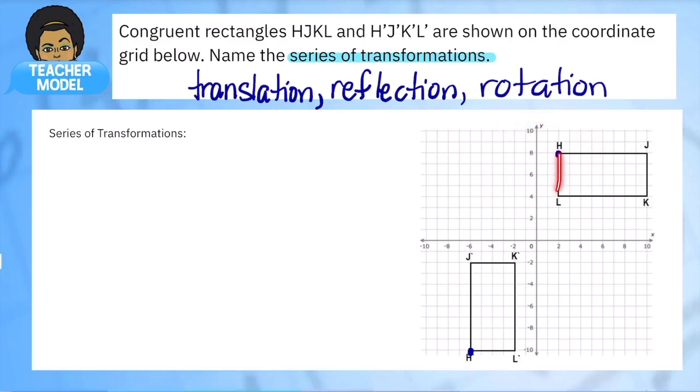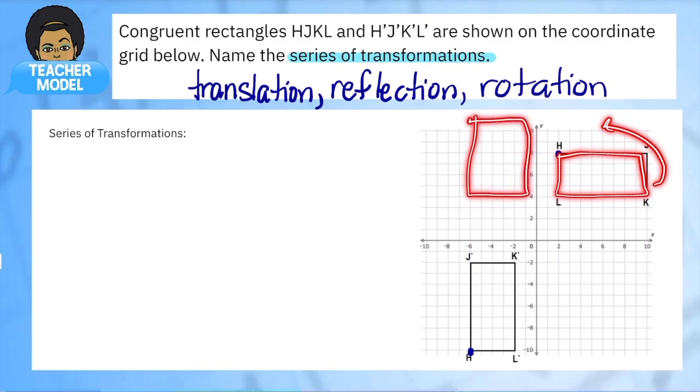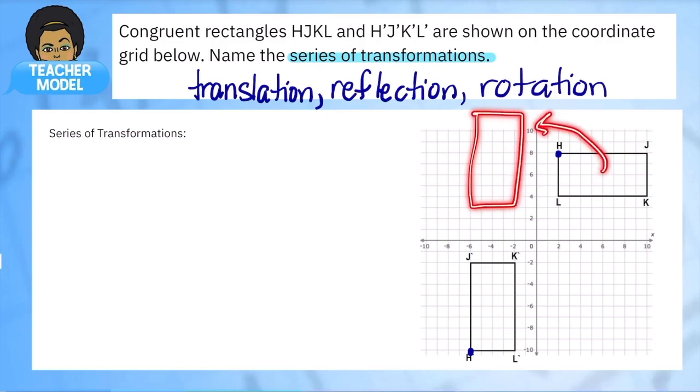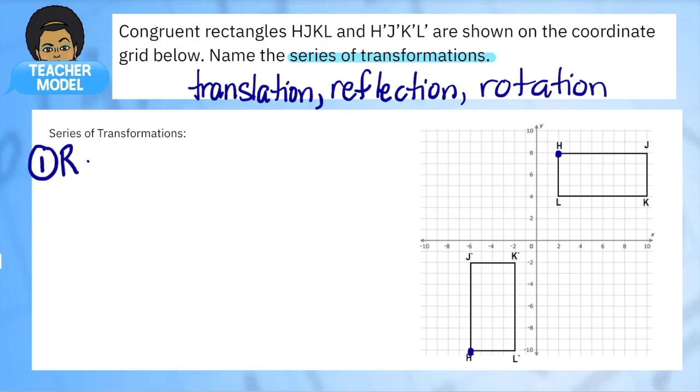My rectangle is going to go from this to turning over. It's going to look like this. It's going to turn on this side. I think I'd rather this. So I'm going to rotate it 90 degrees. So here's the first thing I'm going to do. I want to rotate 90 degrees counterclockwise. That's going to be my first change.